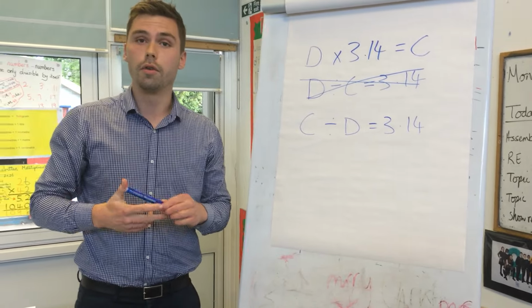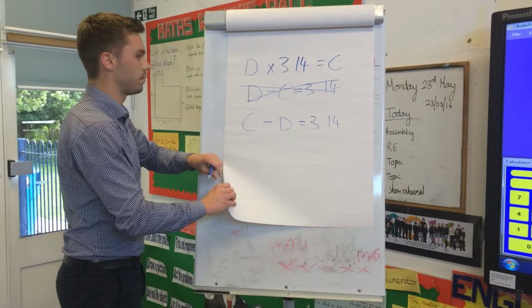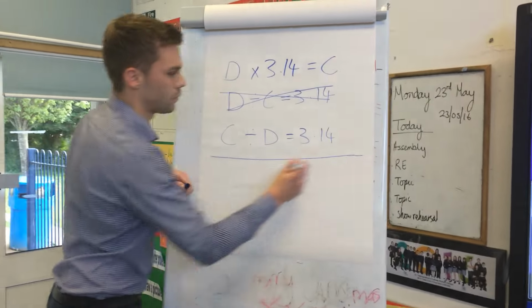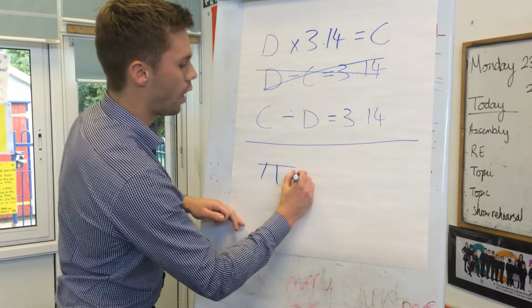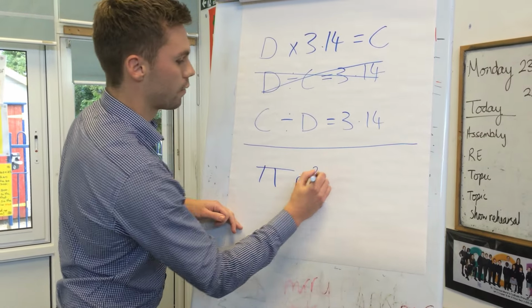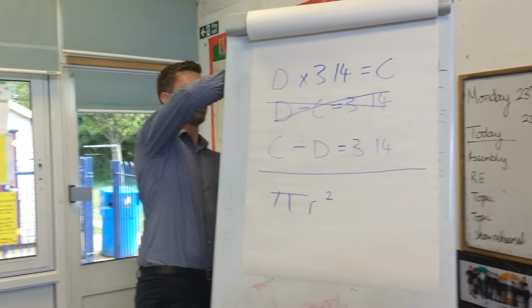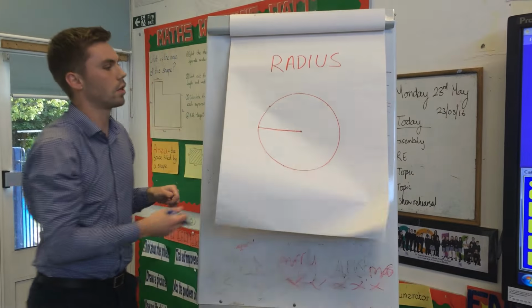Also, tomorrow, some of you are going to be looking at finding the area of a circle. And the formula for that is, I'll write it under here, pi, which is 3.14, times r squared. Now the r stands for radius, so I'm going to show you, see if I can get back to my radius circle.